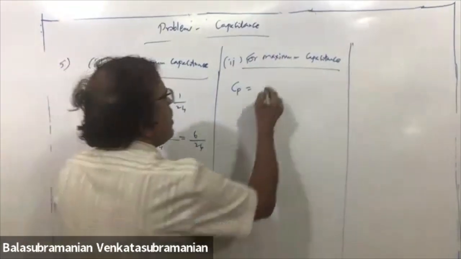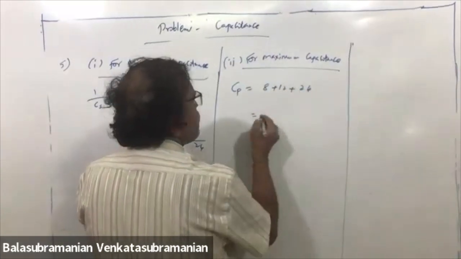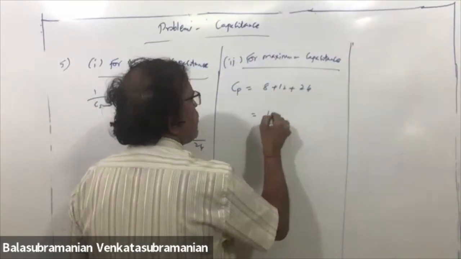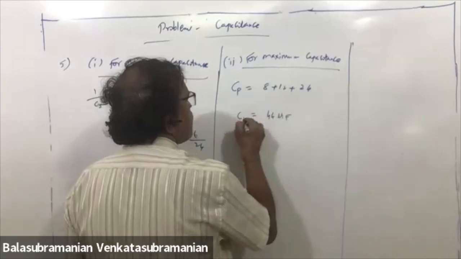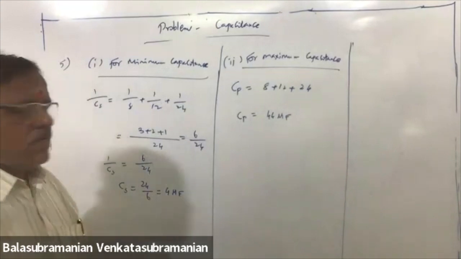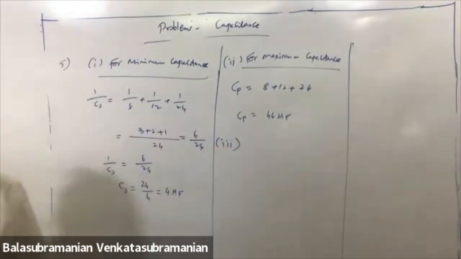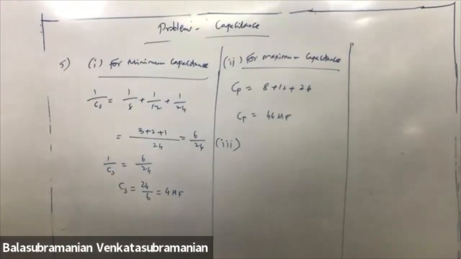That is 8 plus 12 plus 24, 44 microfarad. Third, you have to calculate the total charge across the system. Potential is 100 volt.